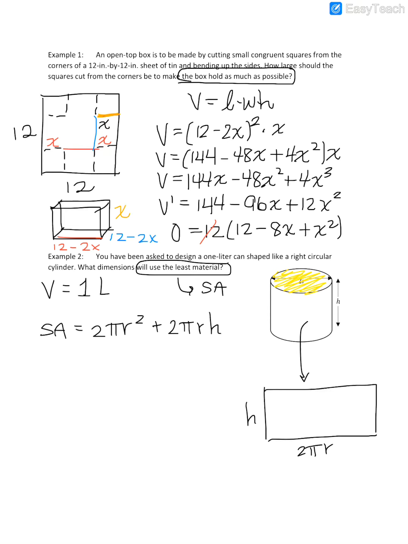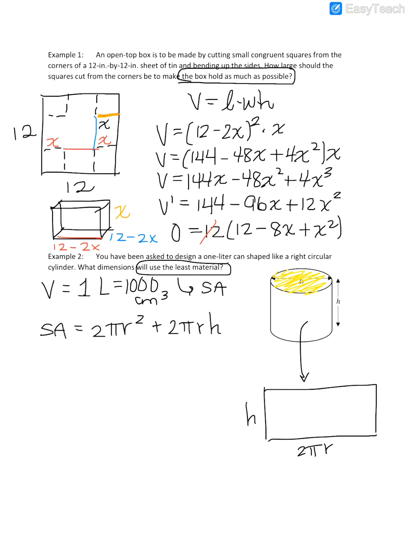Liter is a volume. Since I'm looking for the length of the height and the radius, I actually want to use 1,000 cubic centimeters. Those are equivalent. So 1 liter is actually equal to 1,000 centimeters cubed. So since I'm in the end looking for the height and the radius, I want to use the 1,000.